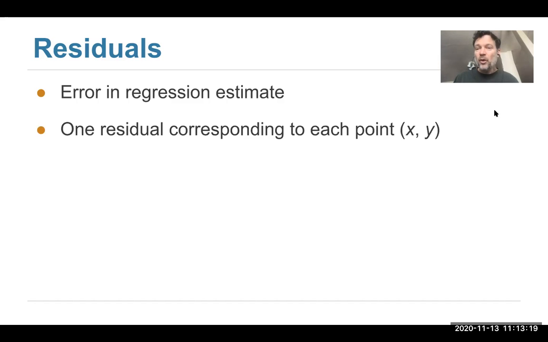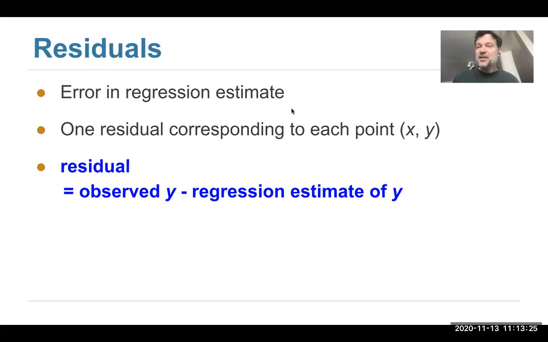Okay, so for each point, each data point, we have a residual. And the residual is the difference between the actual observed value of y, the thing we're trying to predict, minus our estimate of that. Remember, the estimate we're using or the prediction we're coming up with is based on the linear regression line, on the best fit line.